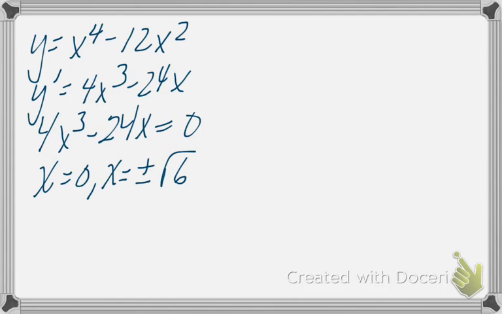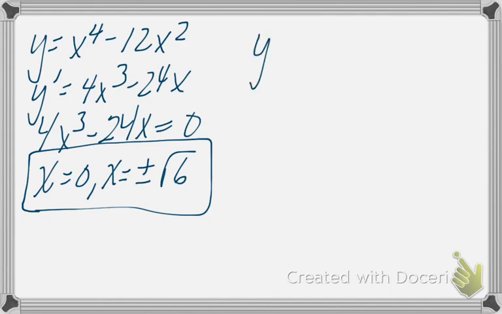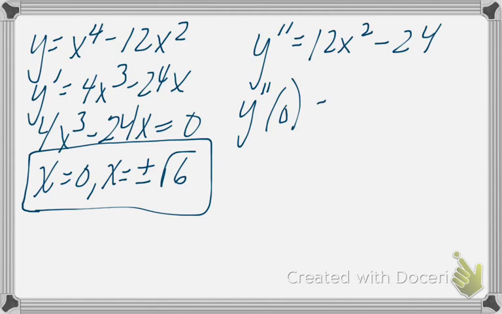Okay, so what we're going to do different this time is, what we have to figure out is, are these maxes or mins? So rather than using the wiggle graph, we're going to find the second derivative. The second derivative is going to be 12x squared minus 24. Then we're going to test these three values. We're going to do y double prime of 0, and that will give you 0 minus 24.